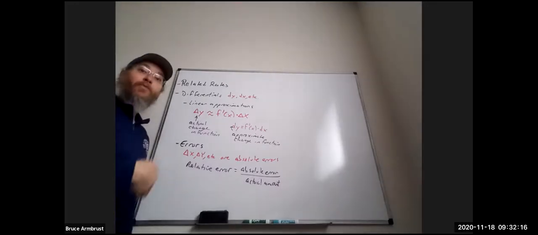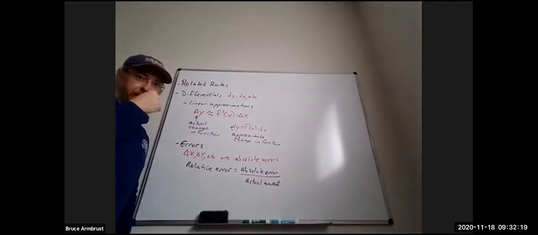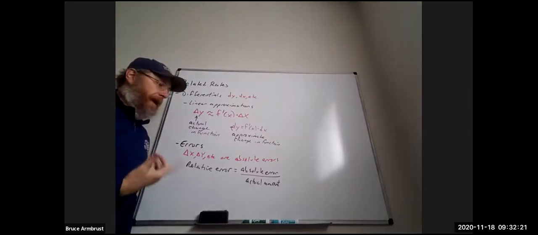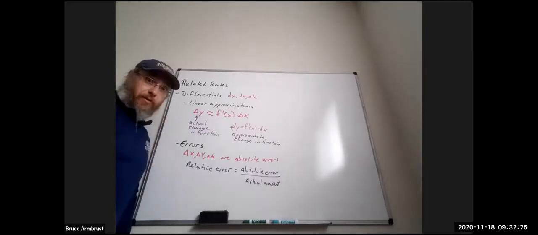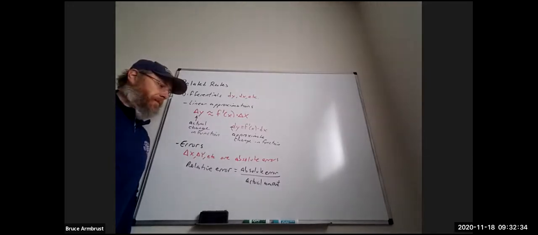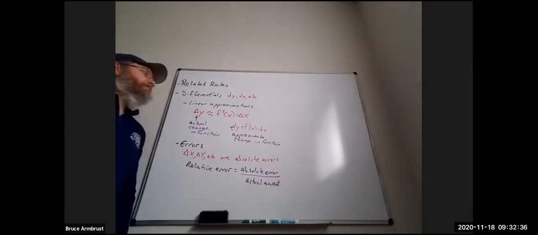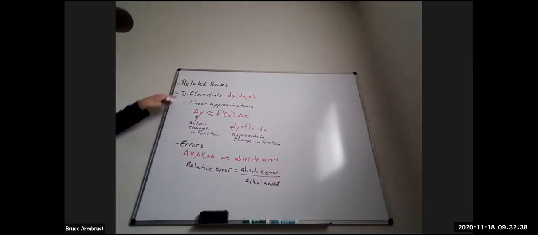So if it asks for relative error, there's one more step to do. You need to go ahead and divide that absolute error by the true amount. That's what we did on a quiz: we were looking for the relative error in the volume, so I took the dV and divided by V. Okay, so that was 4.2. 4.2 was really getting at using the lines to approximate what was going on.